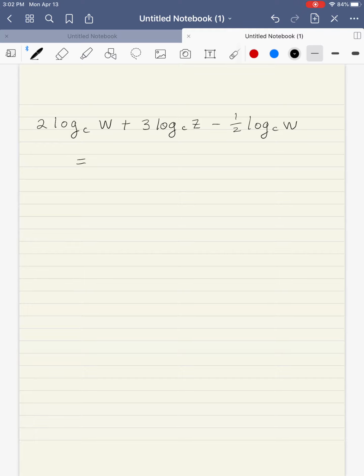And we want to rewrite this as a single logarithm. On this one, we have multiplication out front, which remember becomes an exponent. We also have addition and then subtraction. We do have the same base here, here, and here, all c. So see if you can write this as a single logarithm. Pause the video and give it a try.